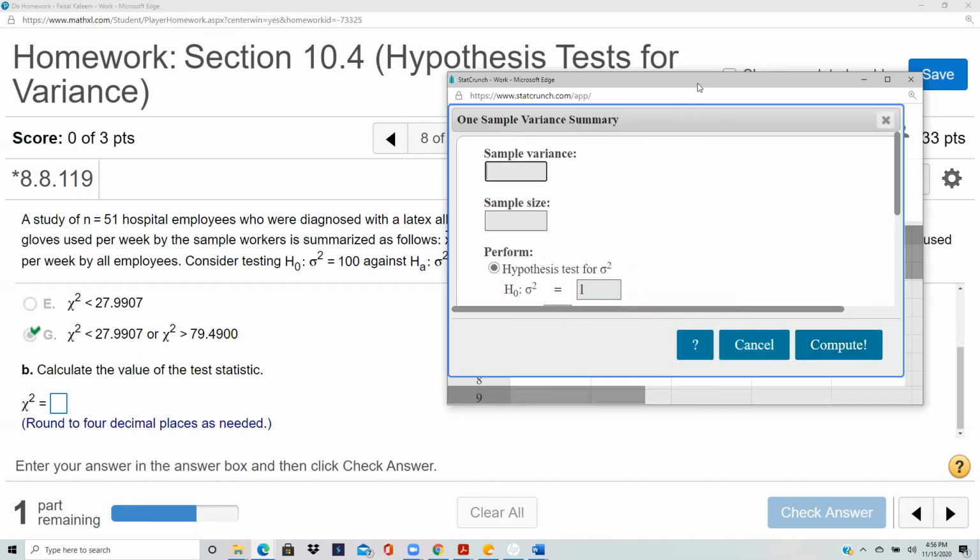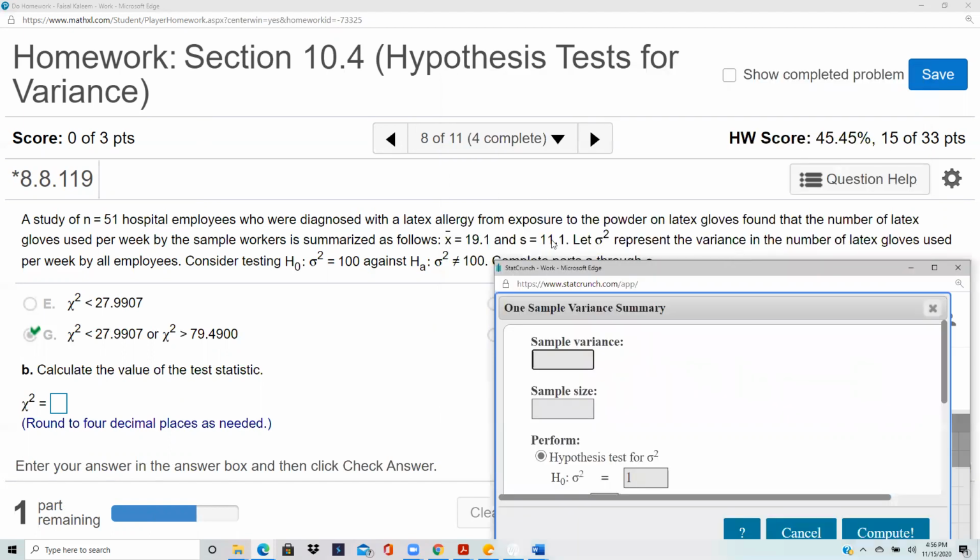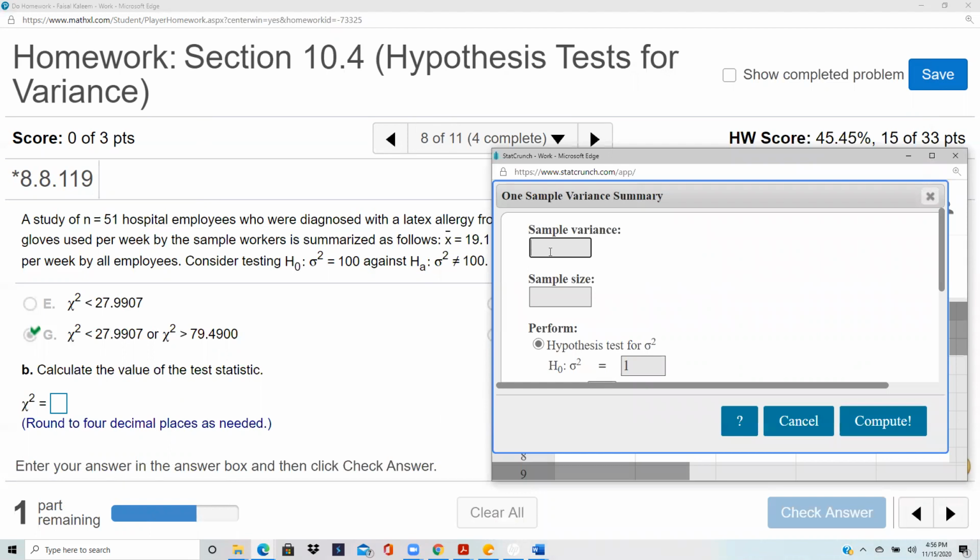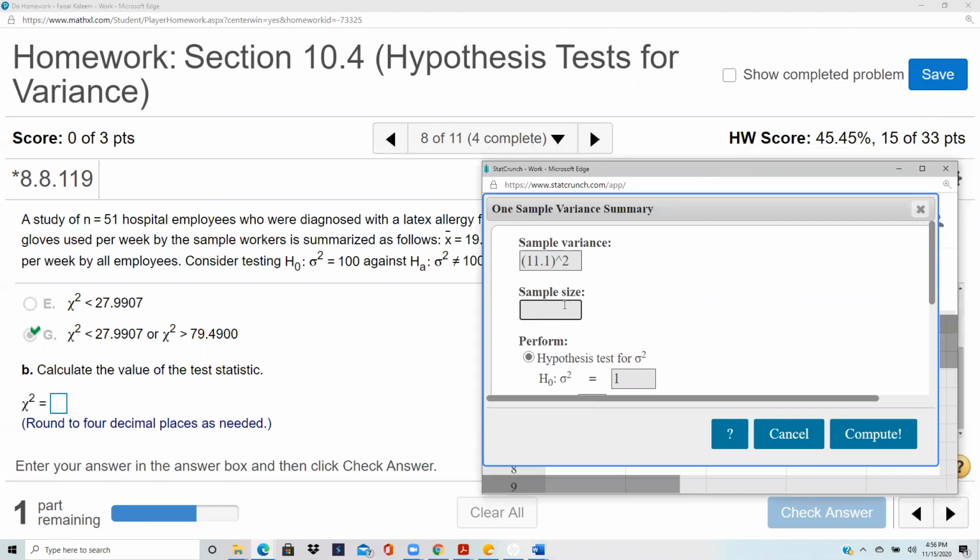And the sample variance will be the square of the standard deviation, so 11.1 squared. I'll just write 11.1 power 2. And the sample size is 51 in this case.